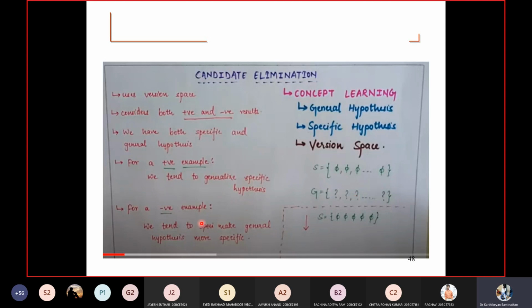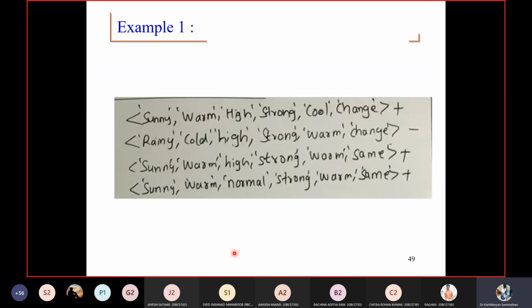Whenever negative examples come, you need to make the general hypothesis more specific, so you need to update the G hypothesis. Whenever positives come, you work on the most specific hypothesis. Whenever negatives come, you work on the G column. That is what the candidate elimination algorithm is all about.